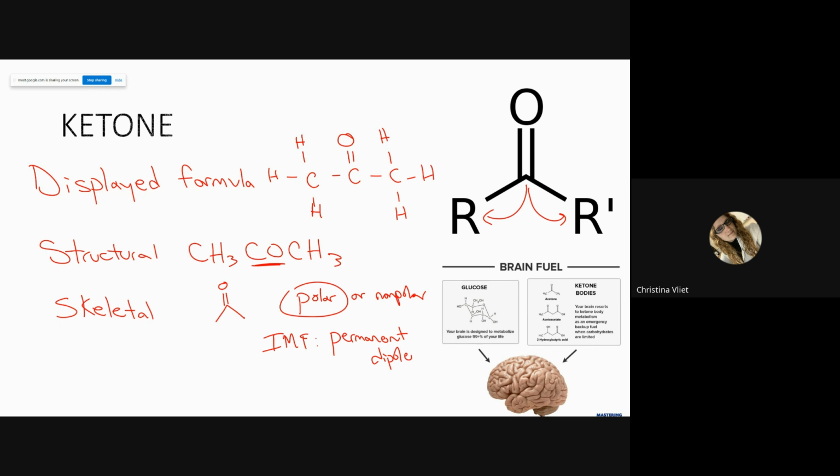Why are they important? It does say here brain fuel. Have any of you ever heard of the keto diet? Keto diet actually comes from the word ketone. People intentionally put their bodies into a state of ketosis, which means they don't eat carbohydrates.